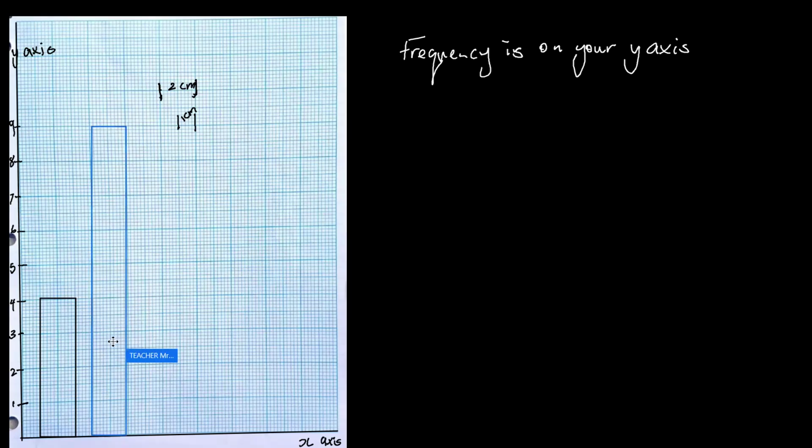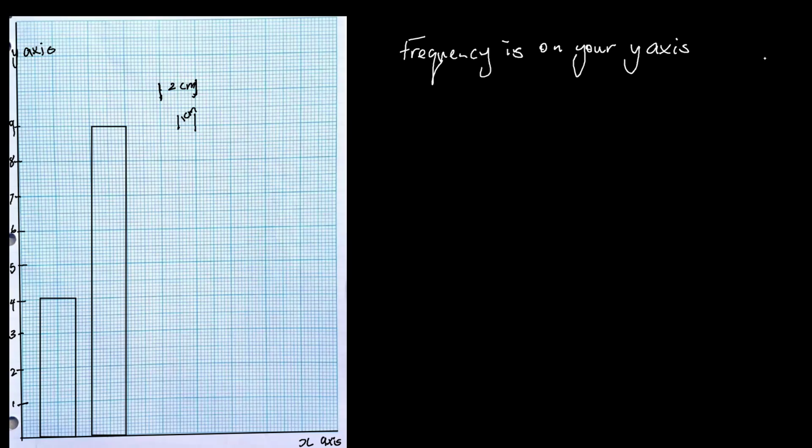All right, so the space between each box is 1 cm. Because we're doing 2, 4, 6 boxes, I did the space 1 cm, but the space between each must be equal.